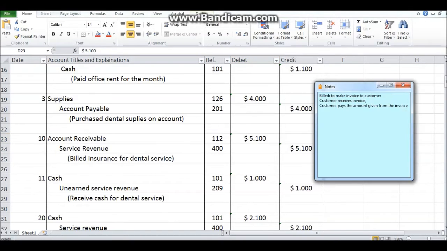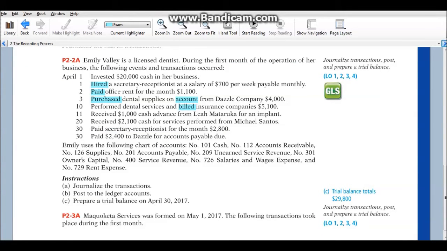Okay. 11th of April, you receive 1,000 cash advance from Lea Mataruka for an implant. If you don't know, implant means tambal gigi. Okay, cash advance meaning that the company hasn't performed the service yet, but the customer already paid.